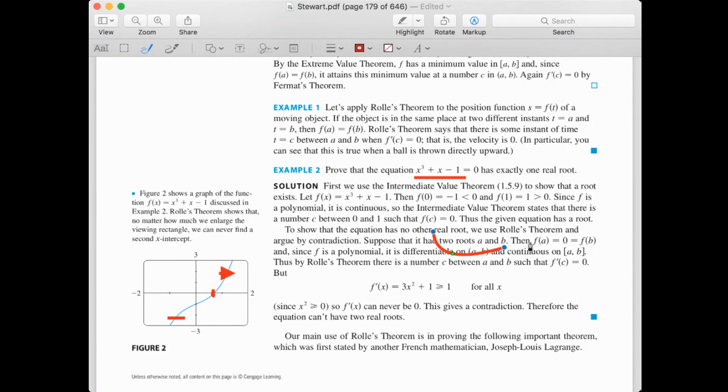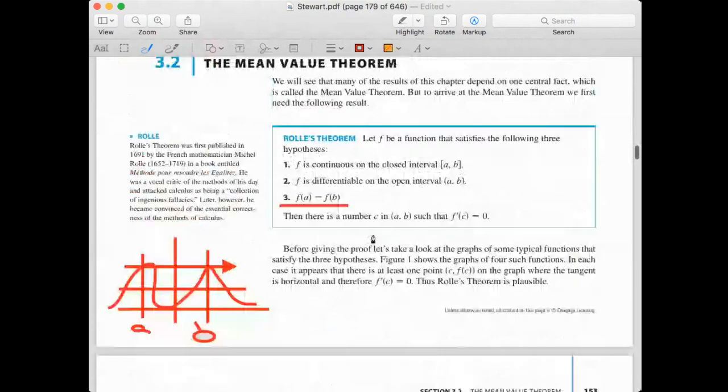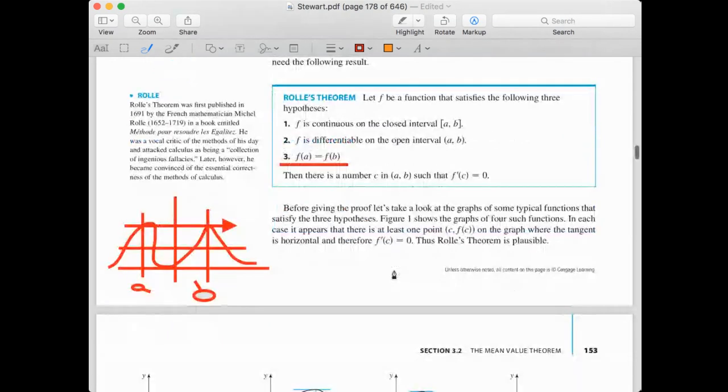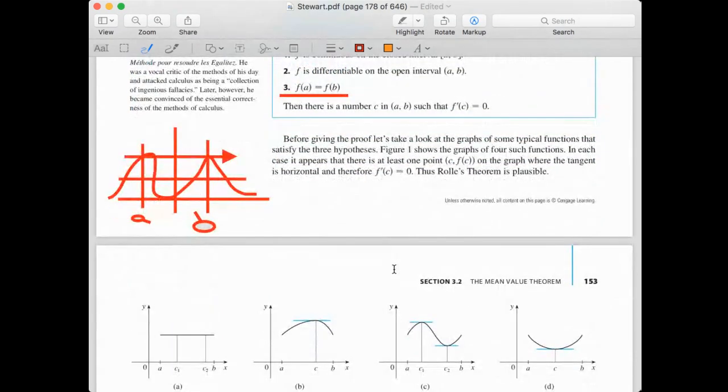And we know a polynomial function is differentiable at every point, so the first condition is satisfied because it's a degree 3 polynomial. The second is also satisfied, it's differentiable in any open interval. And the third condition is also satisfied, f of a and f of b are both roots, both equal to 0.